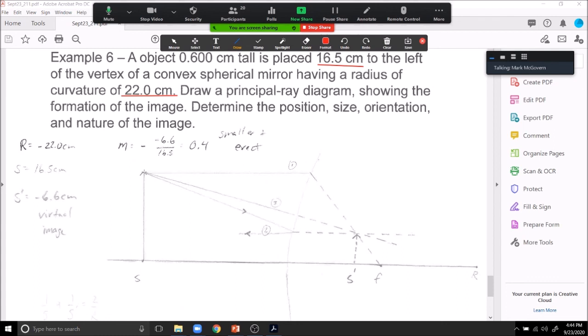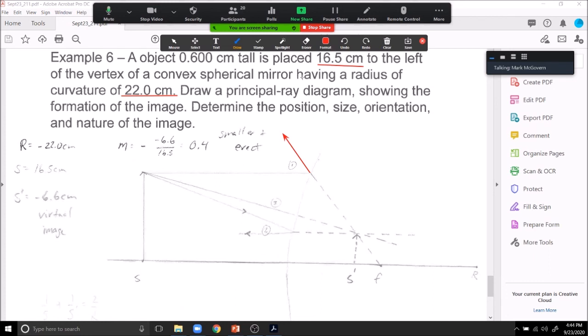All right, let's draw ray 1. We go parallel. We hit. Where we hit, we trace down to the focal length. The ray obviously goes out like this, but we're looking for the intersection, so I'm just tracing back to get to F. Number 2, hit.